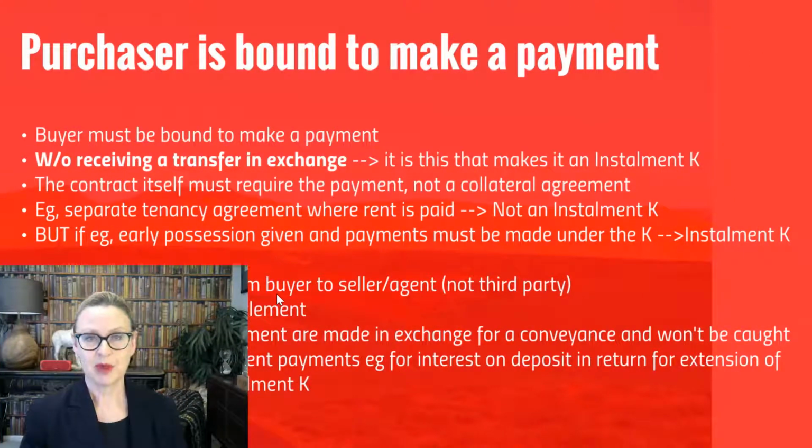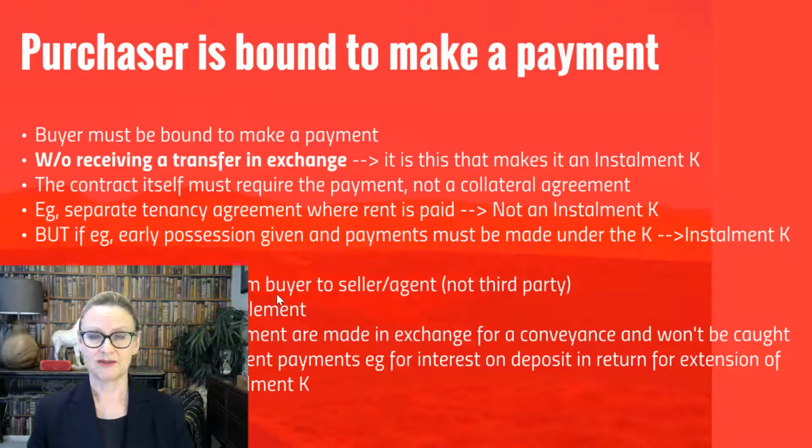Under these agreements, the purchaser will be bound to make a payment, and as I said, that payment will not be in exchange for a conveyance or transfer. So even though you've made this payment, it doesn't mean that the next step is for the seller to transfer over the land to you as buyer.